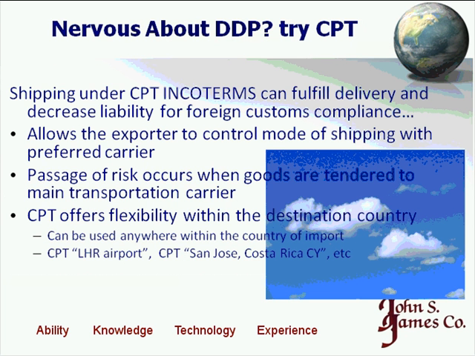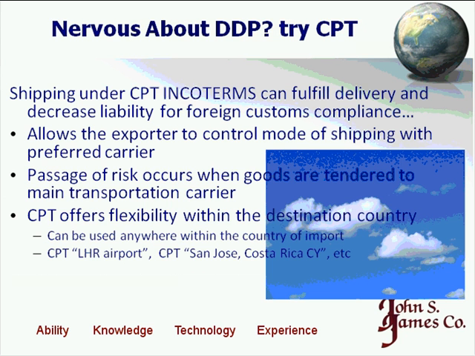It can fulfill the same delivery obligations that you could have on DDP, and it can also decrease your liability for any foreign customs compliance. You don't want to claim that you are expert in any foreign customs authorities' regulations, and when you ship DDP, you are assuming responsibility for that.